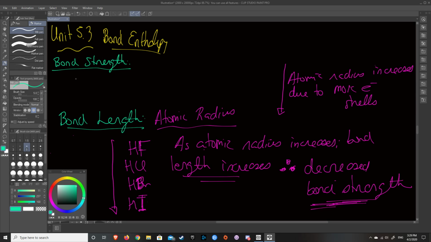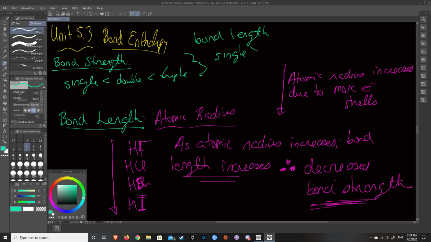What we should know from our last unit is that a single bond is weaker than a double bond, which is weaker than a triple bond. Because, as we saw, the bond length of a single bond is larger than a double, which is larger than a triple.